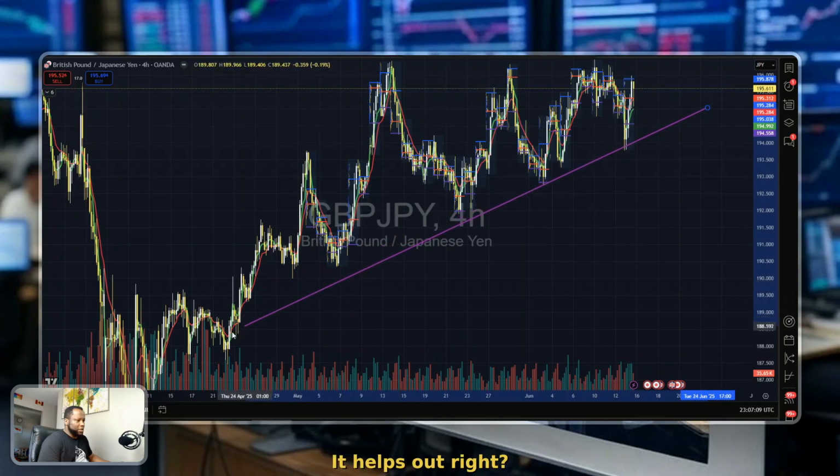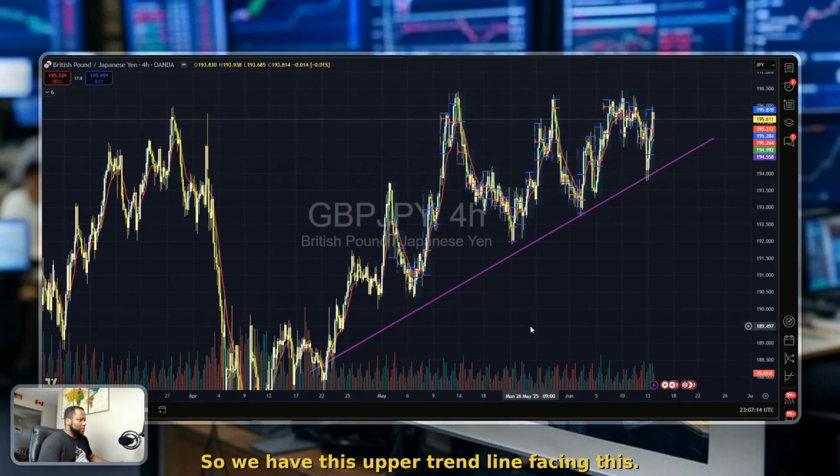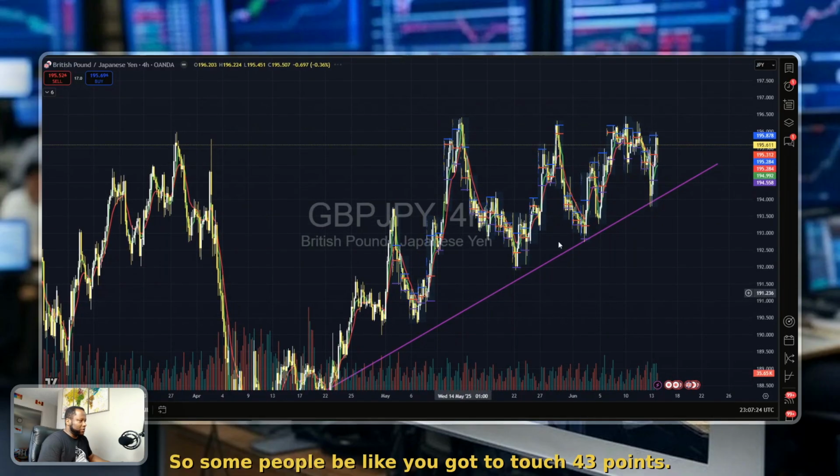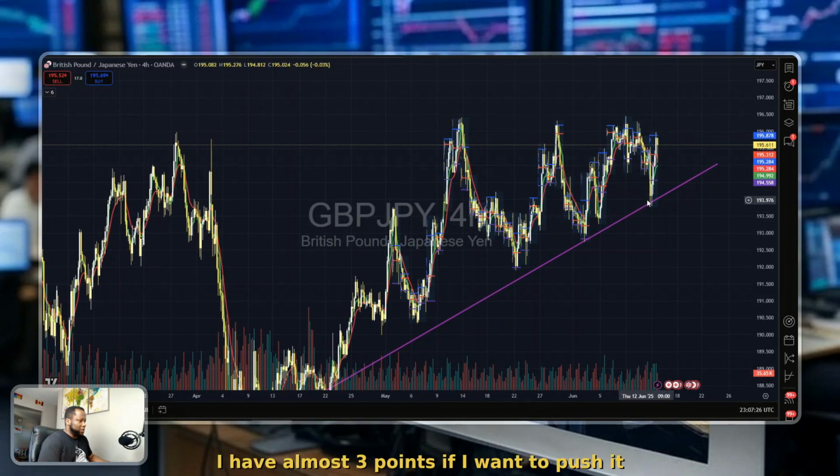It helps to filter some noise. So we have this upper trend line facing this. We have almost 4 points, even though this is not touching perfectly, but trend lines are not accurate. So some people be like, you got to touch 3 points. I have almost 3 points. So if I want to push it, I will bring it over here for the third touch. But these are the 2 touch points right here for the upper trend line.